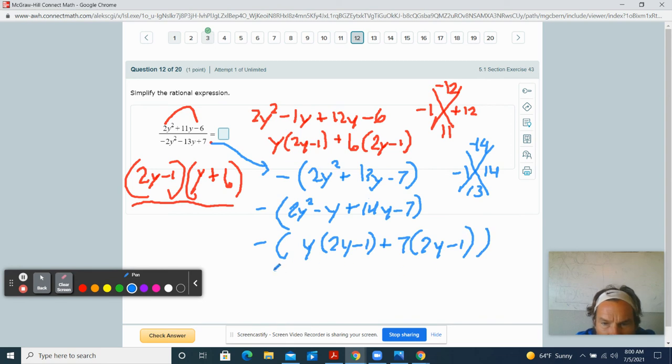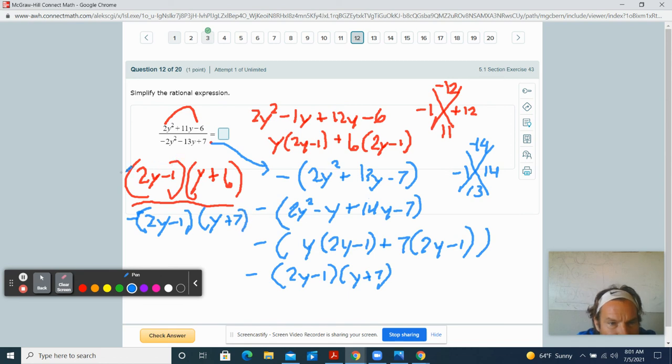Remember, I just leave the negative that came out, and then I can write 2y minus 1 and y plus 7. So that's what's going to go up here: negative on the outside, 2y minus 1, and then y plus 7.